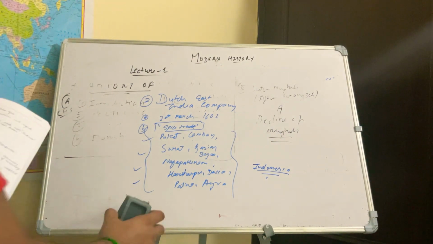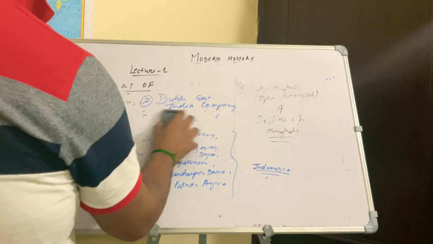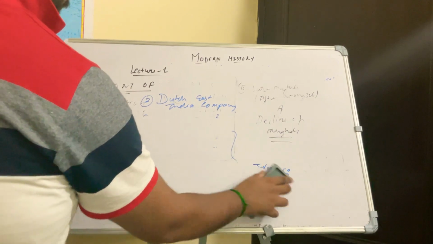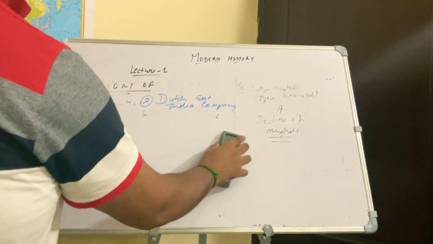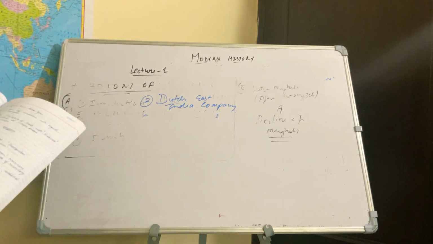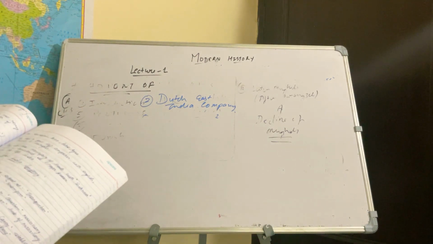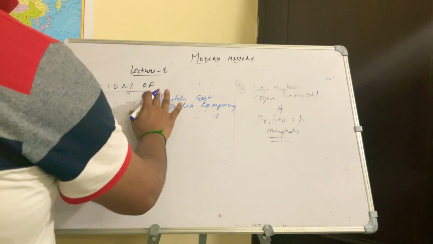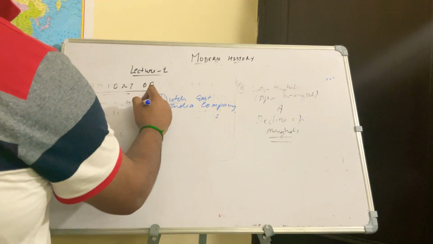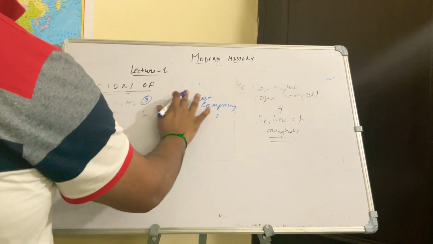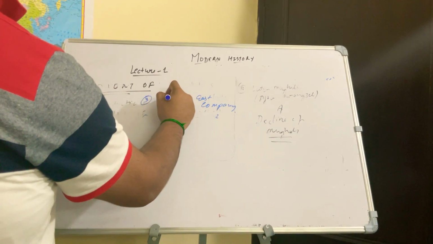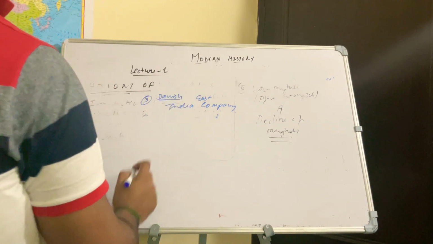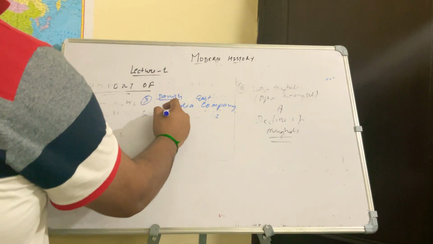After this you write, the third one were the Dutch East India Company. The third one were Danish East India Company. They were established in 1616.